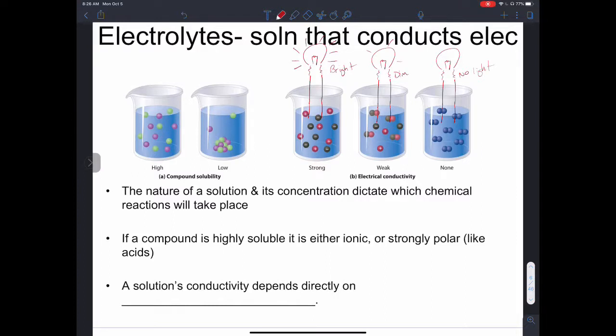A solution's conductivity depends directly on the abundance of ions in solution, right? It depends directly on the concentration, the abundance of ions in that solution.